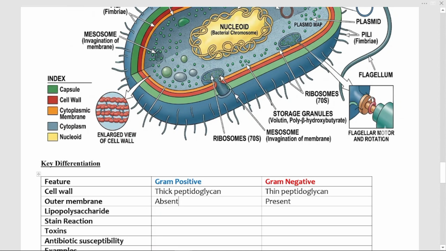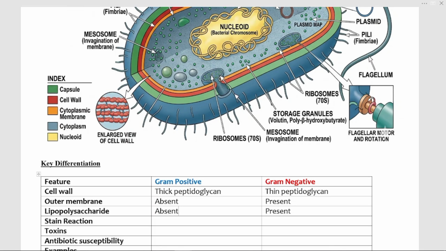The outer membrane is always composed of lipopolysaccharide, lipid and polysaccharide constituted together. So lipopolysaccharide is contained in the outer membrane. That means the lipopolysaccharide will only be found in the gram-negative and will be absent in the gram-positive bacteria.